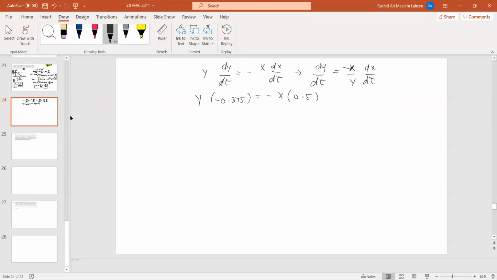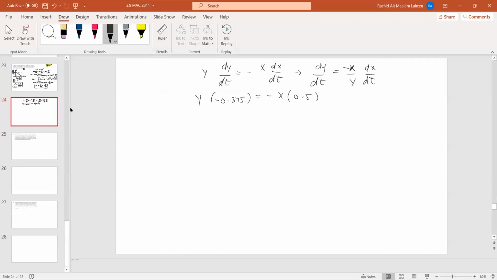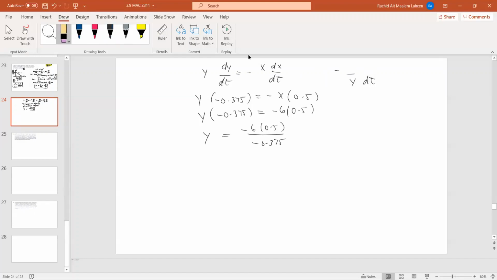All right. Now we're missing x. X is 6. So x is 6. So we can solve for y and get that by itself. So we didn't need to do this part here.